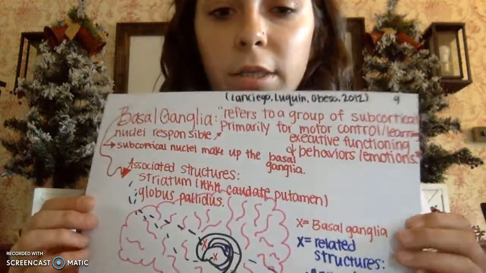All right. Going into the basal ganglia, this is the most important part of our brain, the part that is most affected because of subcortical vascular dementia.